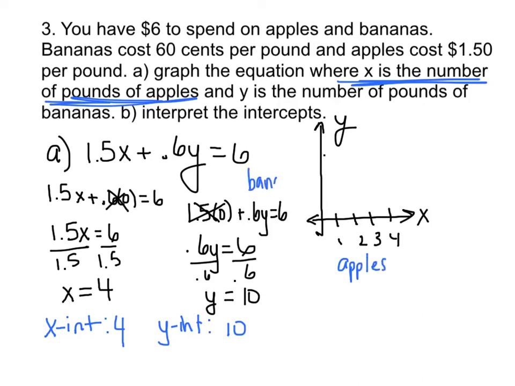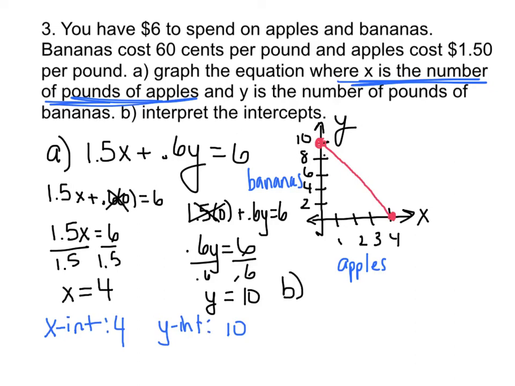Y is bananas. And my y-axis has to go to 10, so I'm going to count by 2s. 2, 4, 6, 8, 10. So my x-intercept is 4, my y-intercept is 10. Now, we can't have negative apples or negative bananas, so it's just a segment, a line connecting the two dots.